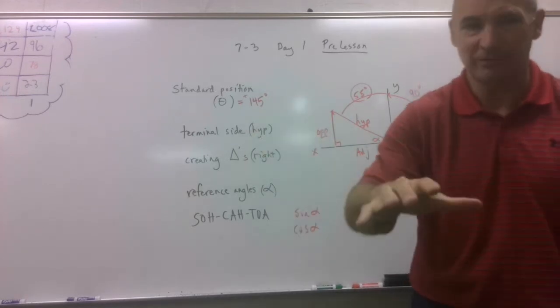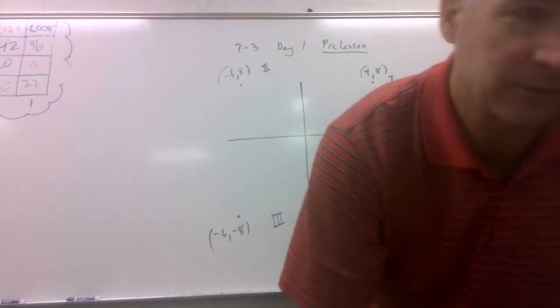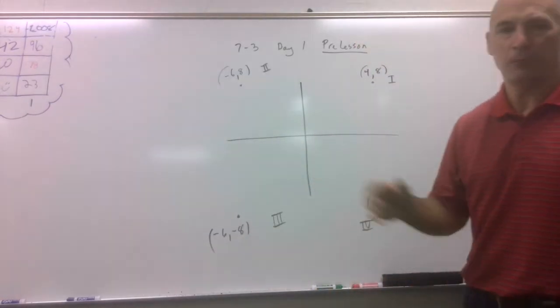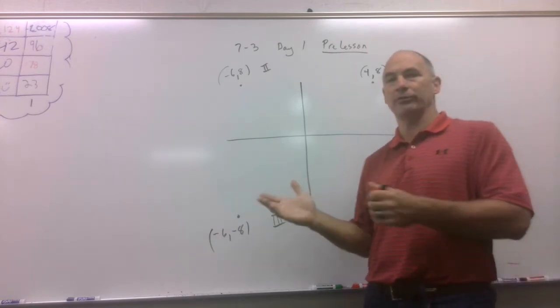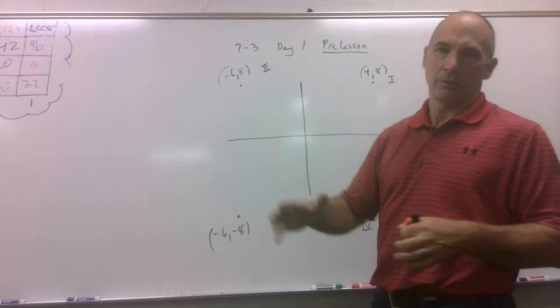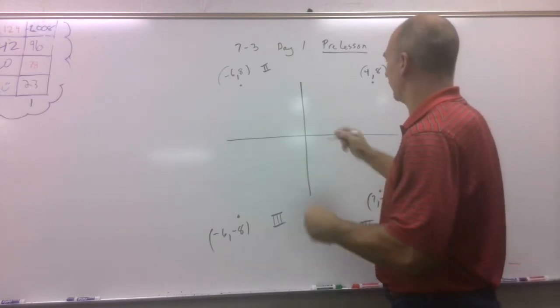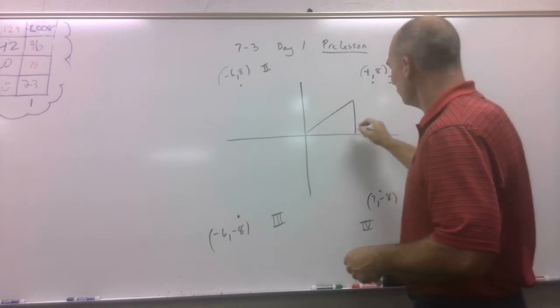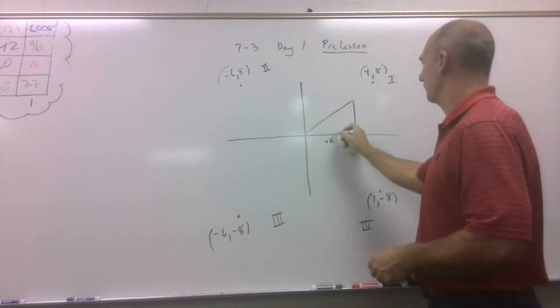Now we're going to apply some of this. So a quick heads up, a little reminder of all four quadrants. Remember, we're going to be creating our triangles by spinning the spinner. Now there's four things that can happen. The spinner can end in the first quadrant. And this would be my x, which is positive because I go to the right.